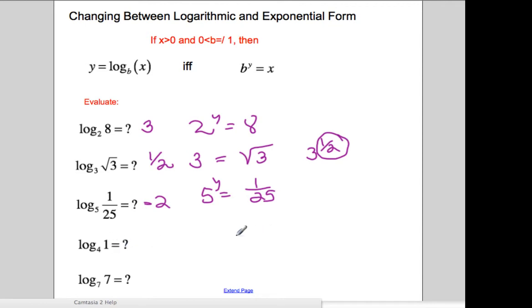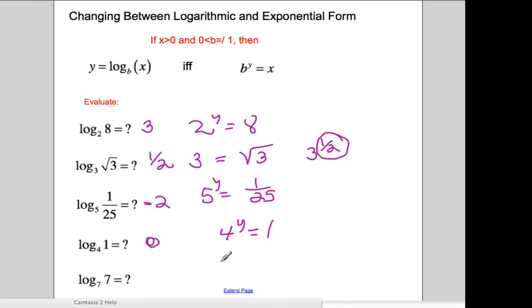For the next example, 4 raised to what power gives me 1? Well, what raised to any power gives you 1? Think about it really hard. We should come up with the answer 0.